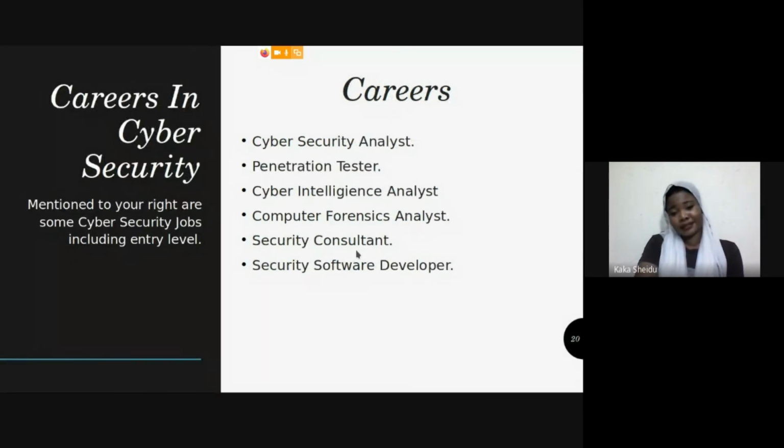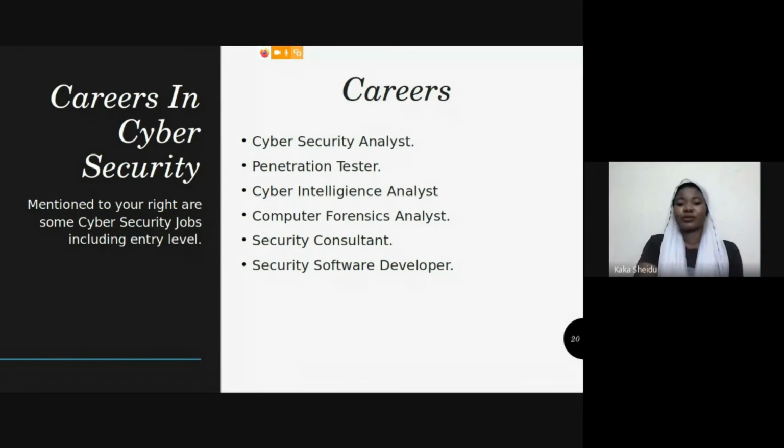So careers. We have some general careers and some entry level careers. The entry level careers include the cybersecurity analyst. If you are looking for an entry level position and want to go into the cybersecurity field, you can go in as a cybersecurity analyst, a cyber intelligence analyst, or a computer forensic analyst.